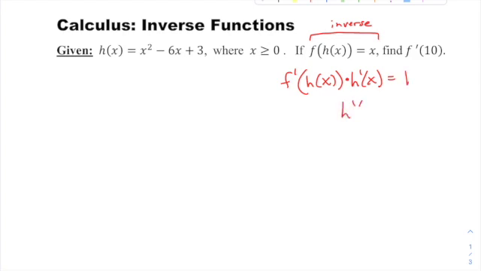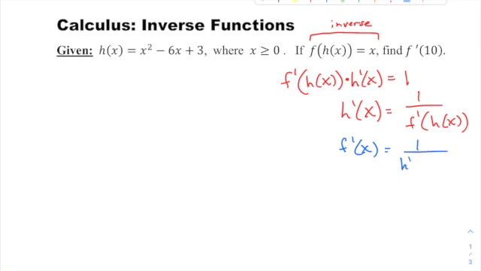And then by solving for h prime, you get 1 over f prime of h of x. And so there's the connection here, that the derivative of h is the reciprocal, 1 over the derivative of its inverse. And this could easily be written the other way around as f prime is 1 over h prime of f of x, since that's the one we're really looking for.